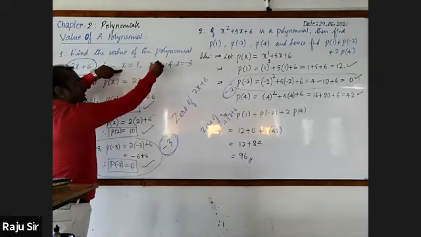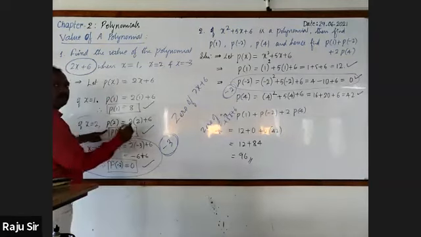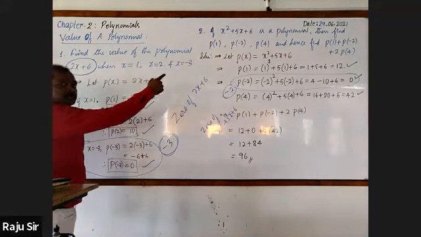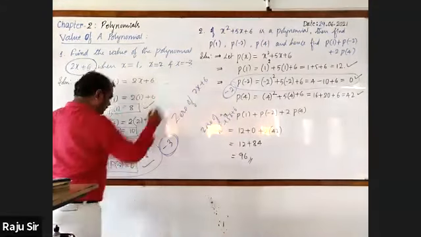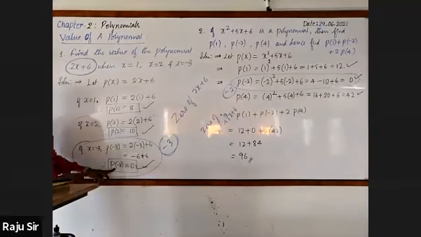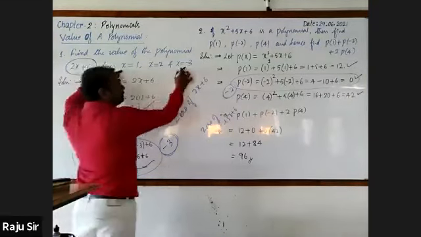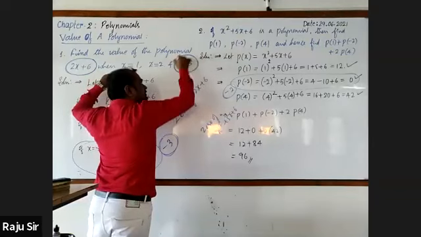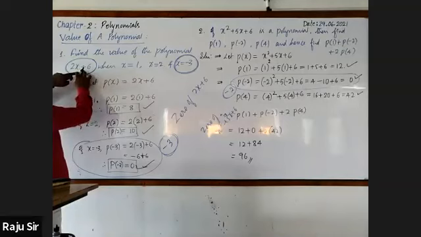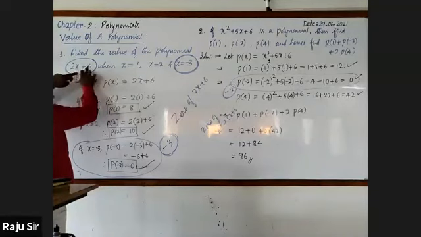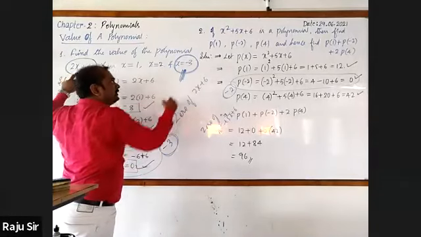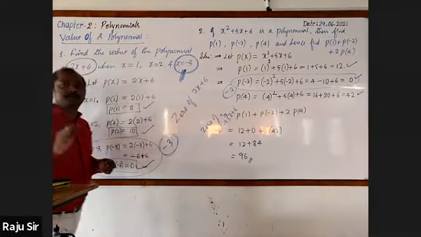When you substitute 2 in place of x, you get 10. That is not equal to 0. Whereas when you substitute minus 3 in place of x, the value of the polynomial is 0. Among these three numbers, minus 3 has made the value of the polynomial 2x plus 6 as 0. That is why this number is called the 0 of the polynomial.